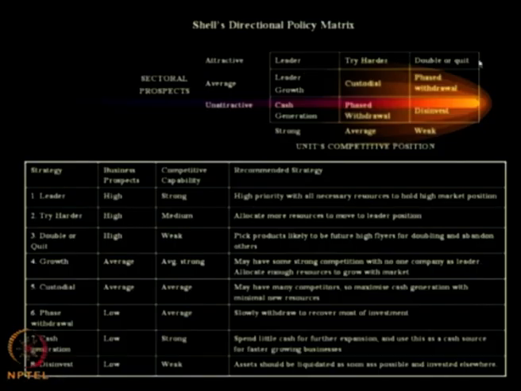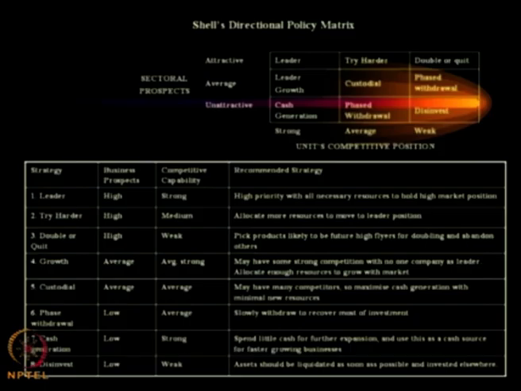What is the third cell, where the unit's competitive position is weak, but the sectoral prospects are attractive? Then what is going to happen? The strategy that is advocated is double or quit. That is, if you are not able to pull along, come out of the whole scenario.